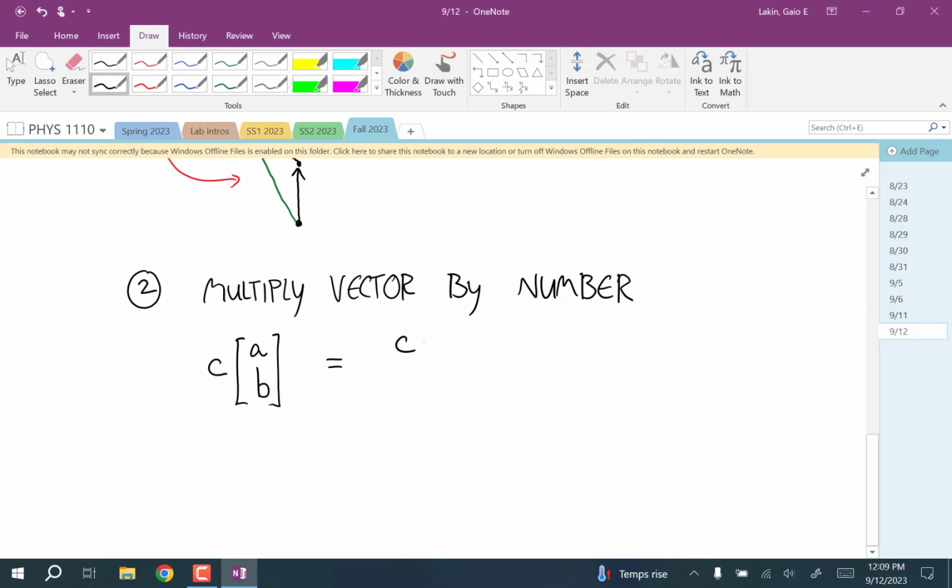So the x component of the output vector is c times a. The y component of the output vector is c times b. Okay?